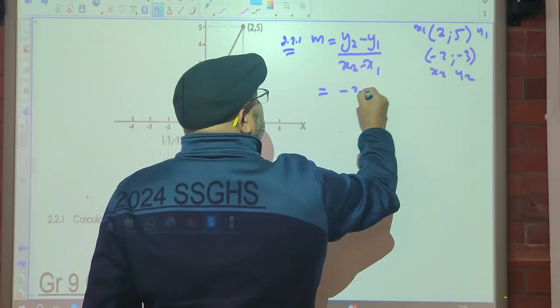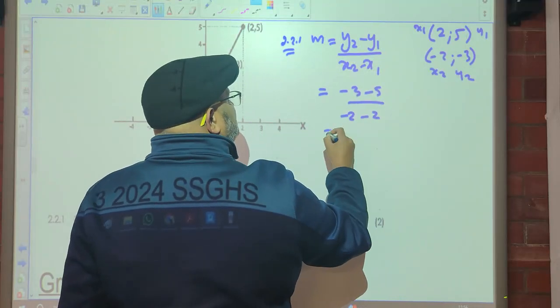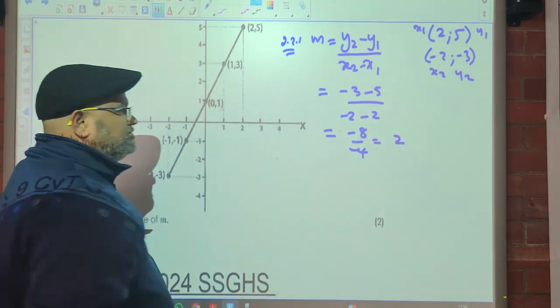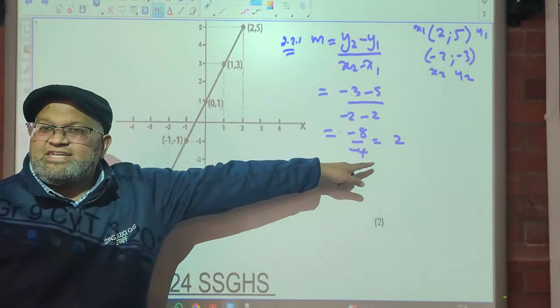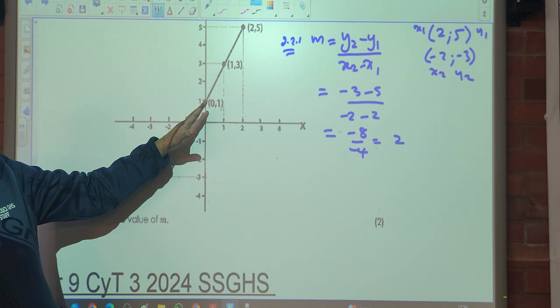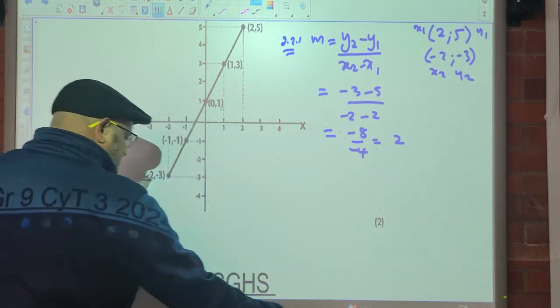So you say minus 3 minus 5 over minus 2 minus 2. Which is negative 8 over negative 4. Which gives you an answer of 2. As you can see here, the gradient is positive and the graph is increasing. You see that? So I calculate m.